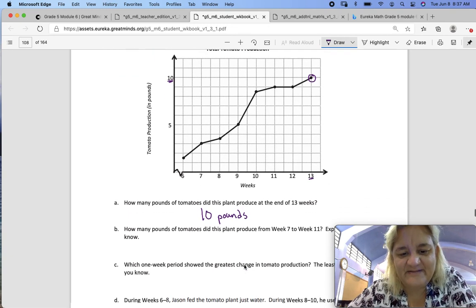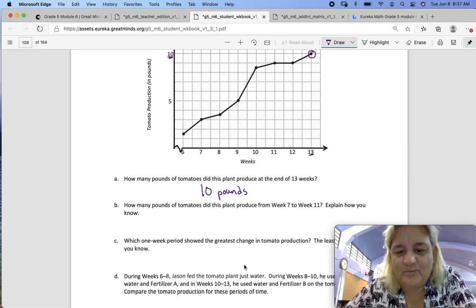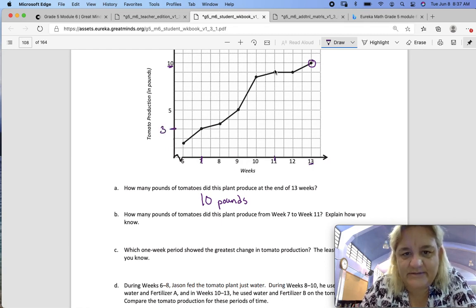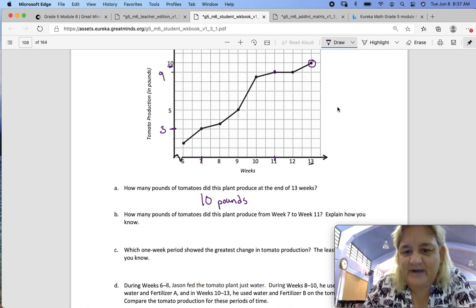B, how many pounds of tomatoes did this plant produce from week 7 to week 11? So week 7 is here, and week 11 is here. So we're starting with 1, 2, 3 pounds, and we're going to 9 pounds, right? So we're going to subtract 9 pounds minus 3 pounds equals 6 pounds.